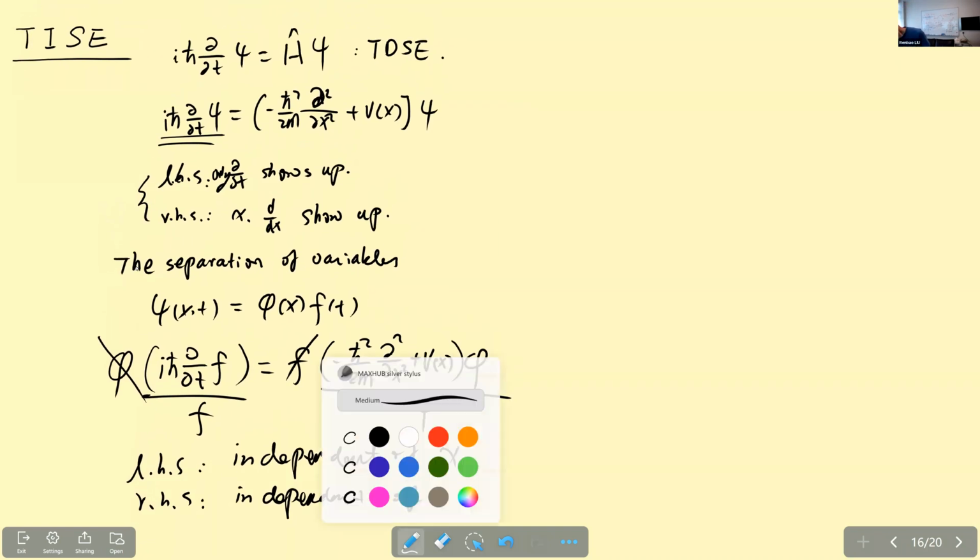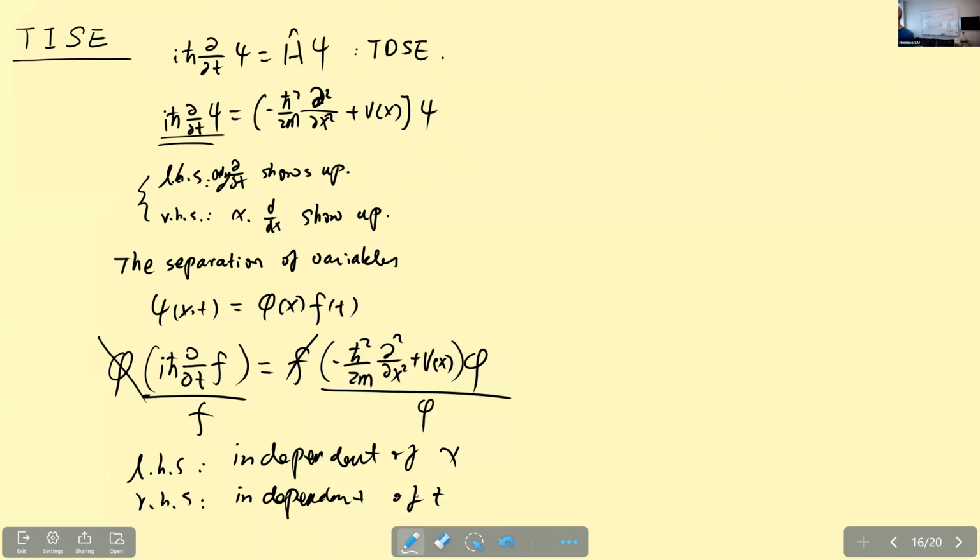So you must have i h bar partial t f over f equals a constant, and this should equal, using shorthand notation, the Hamiltonian acting on phi, over phi.